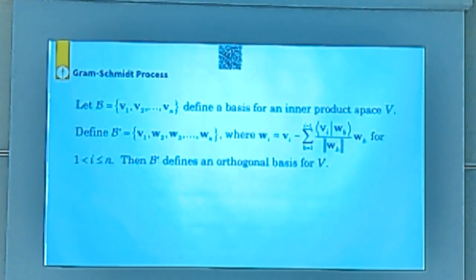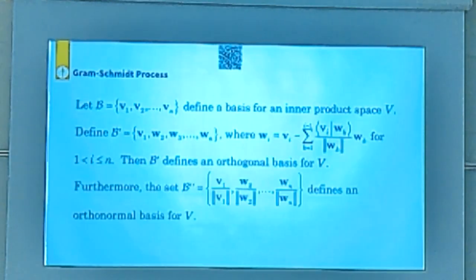Then B prime defines an orthogonal basis for B. It's also not mentioned here, but these are ordered bases. Furthermore, if you define the set B double prime as v1 over the norm of v1, w2 over the norm of w2, and so forth, that is an orthonormal basis.